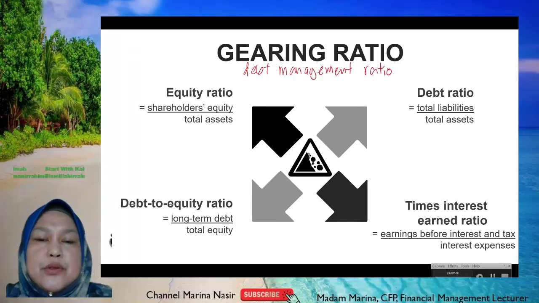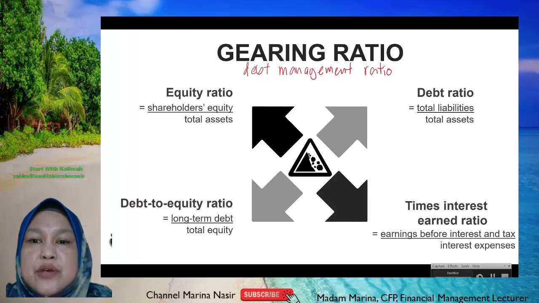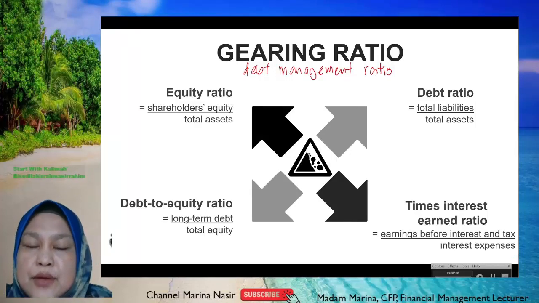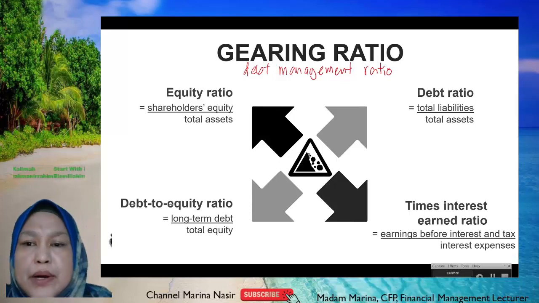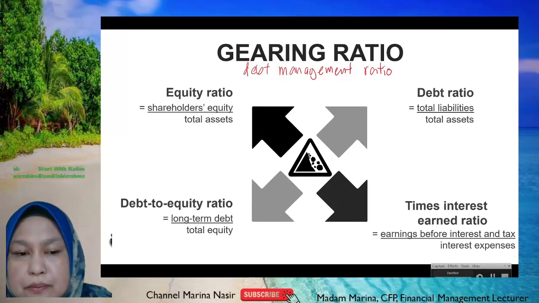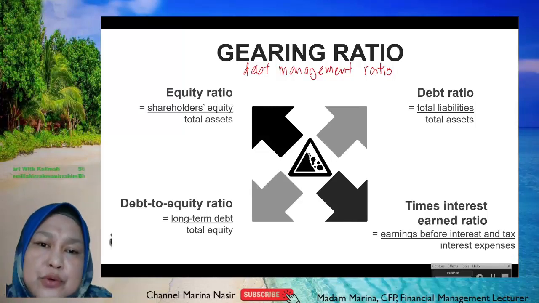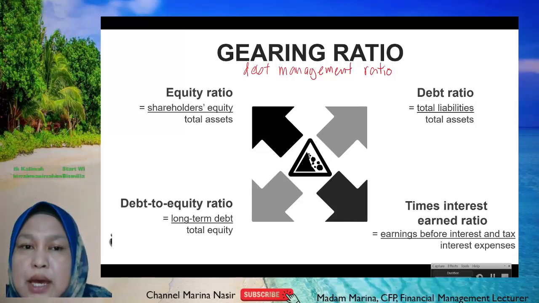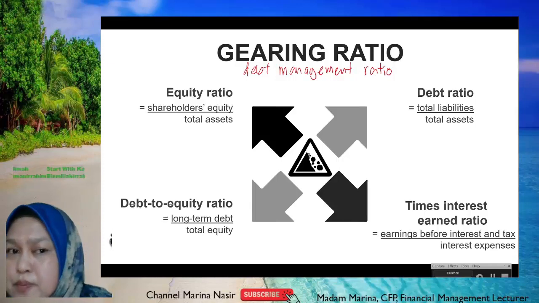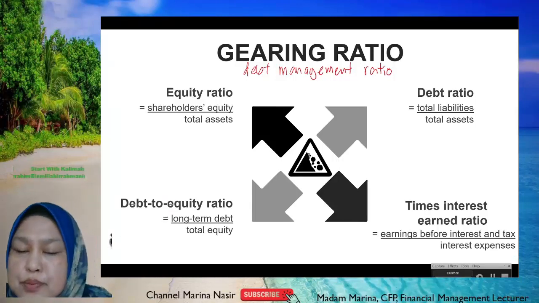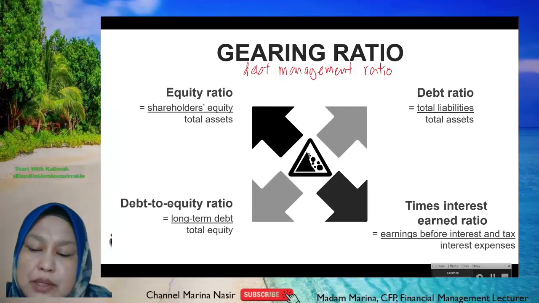Why do we want to calculate the debt management ratio? Because we want to know the company performance compared to equity and also compared to total asset. And also we want to know the company's ability to pay its interest expenses. This is the purpose of calculating the debt management ratio.